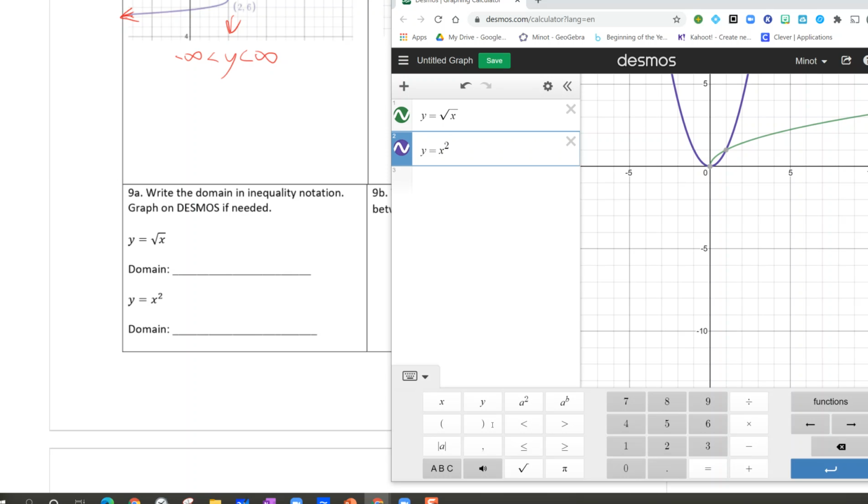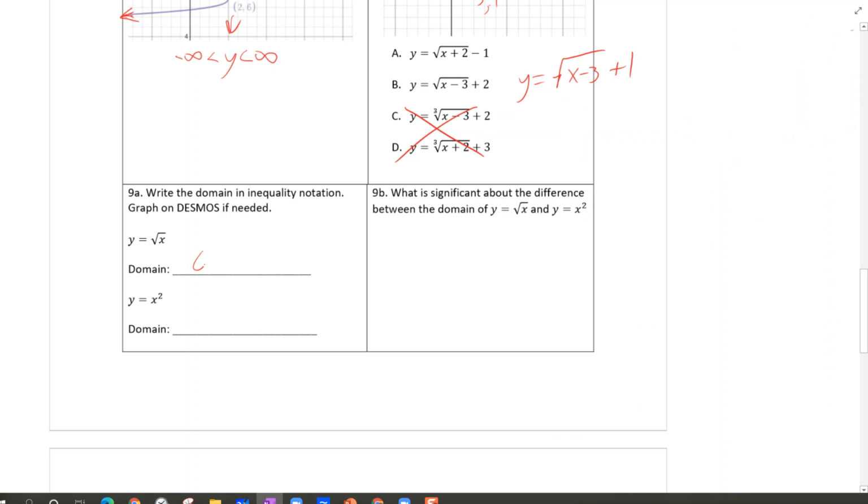Okay, so the domain of the square root function is between 0 and infinity, or just x is greater than or equal to 0.